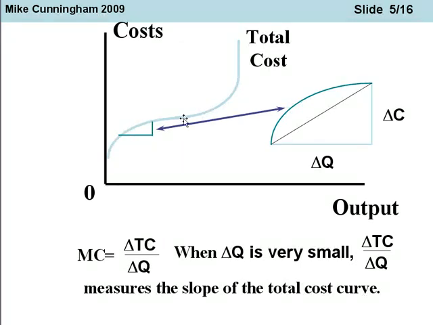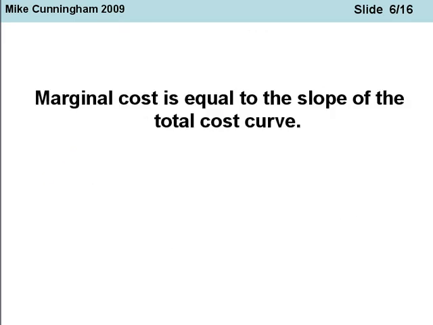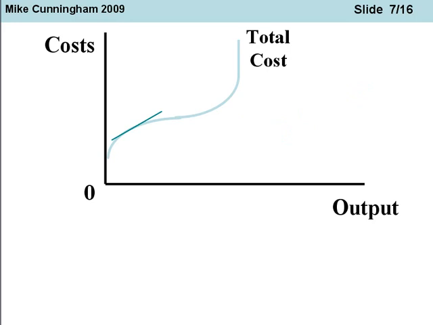And that gets rid of this error we had earlier on, and it also gets rid of the complications of dealing with measurable output. So really we're talking here about the gradient at that point. Now, marginal cost is equal to the slope of the total cost curve. In theory, this is highly theoretical what we're doing, but in theory that's the relationship. So that's what it would look like. The marginal cost is tangential to the total cost at that point.